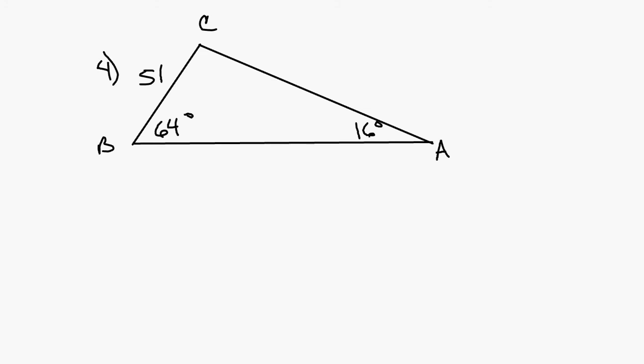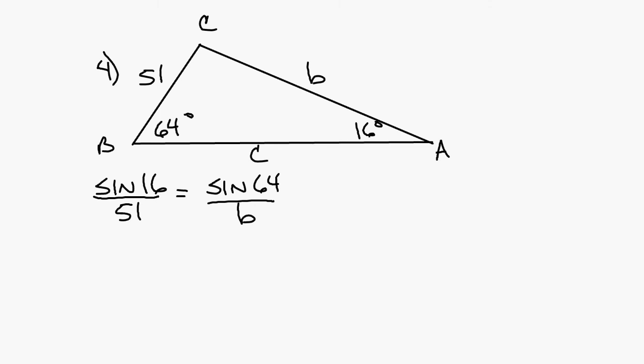Alright, law of sines, the sine of an angle over its opposite side. So sine of 16 over its opposite side, which is 51, equals sine of an angle, sine of 64, over its opposite side, which is lowercase b. There's your proportion. You can crisscross multiply now to solve for b.